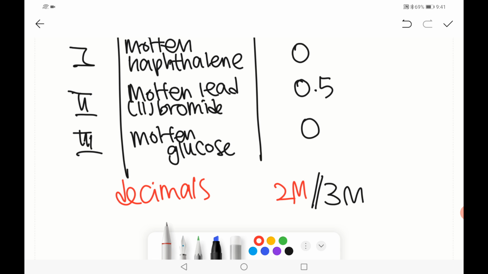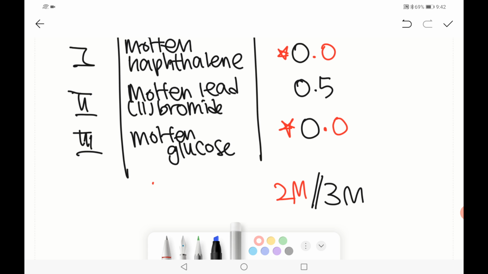Please remember, by default, generally we always let the decimal point in chemistry measurements be 1 decimal point. So although this is 0, you must write 0.0. You must show 1 decimal point.